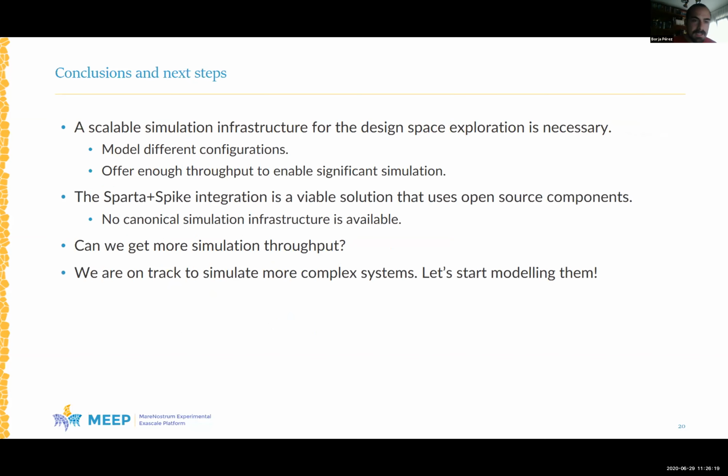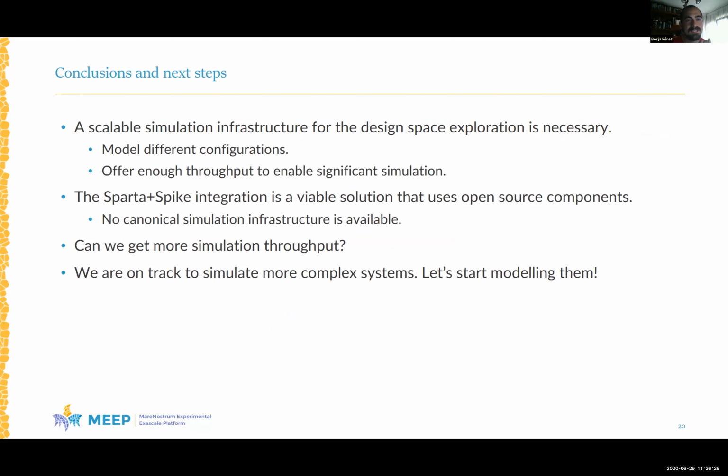So I'm going to finish with some conclusions and our next steps. So first, we know that a scalable simulation infrastructure is necessary because we need to explore a broad design space to be able to compare different ideas and to decide on the architectures of the future of 2025.